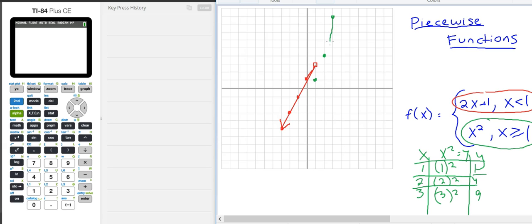So our function looks like part of a parabola, and we thought it would because x squared is always a parabola, and it goes on and on in this direction, but not in the other direction. Notice that this graph is a function. Even though we have a point over here and a point over here, this red point isn't really a point. It's an open circle, so it's not defined there, and it would pass the vertical line test.